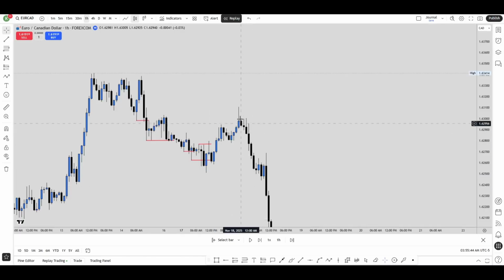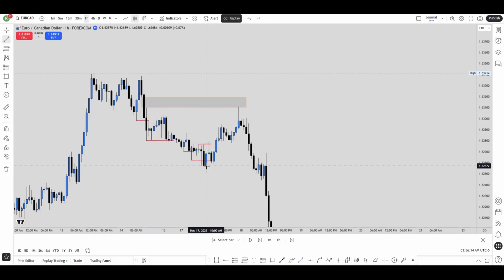And one way you are going to be able to predict this turning point right here is by paying attention to areas of imbalance, which is areas of inefficiency in price, and also order blocks. So right here we can see that we had an imbalance that price went into fill, and the moment that price filled in that particular imbalance, you can see that's what made price drop all the way to the sell side.